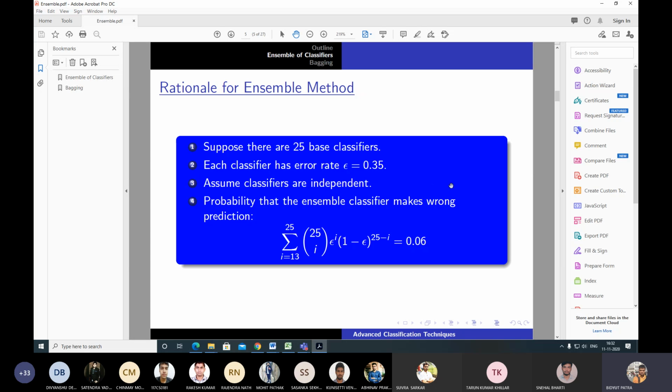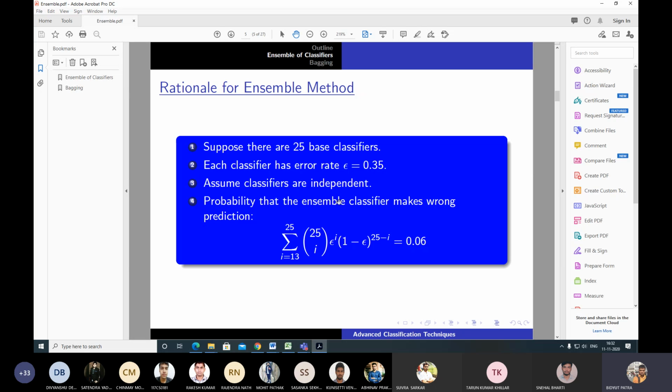Same mistake means, if the object belongs to class A, these at least 13 classifiers will tell that this object does not belong to class A, so it may be something other than A. So each one makes the mistake with probability 0.35.